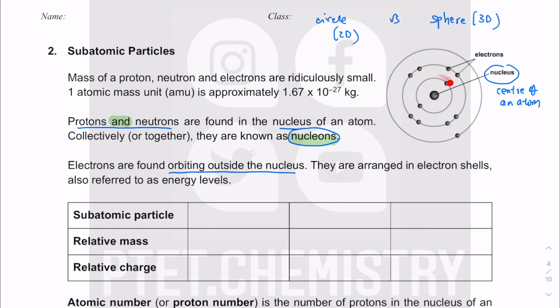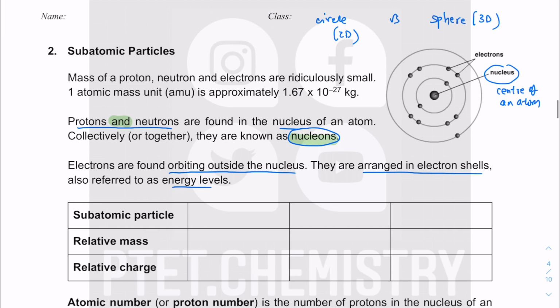But the electrons are not in the nucleus, they are in a region of space at a fixed distance from the nucleus, moving around outside it, arranged in electron shells, also known as energy levels.